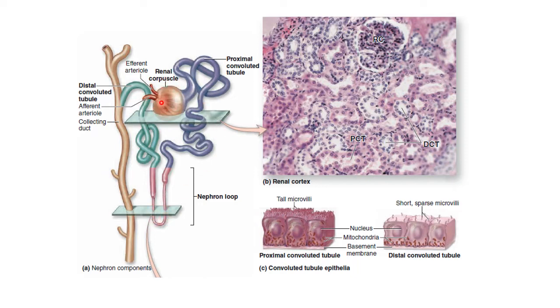The renal corpuscle is almost always located within the renal cortex, surrounded by sections of the proximal convoluted and distal convoluted tubules. However, in the medulla, we can see the proximal striate, distal striate, loop of Henle, and other parts of the collecting system of the nephron.